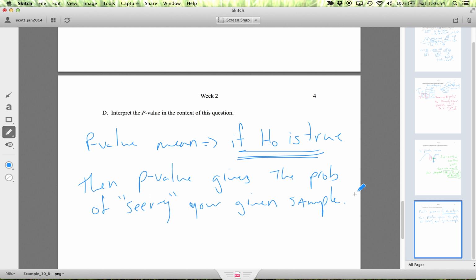Remember, your hypothesis is about the population. If our hypothesis about the population is true, then the probability of your sample being whatever it is that you got is known as the p-value.